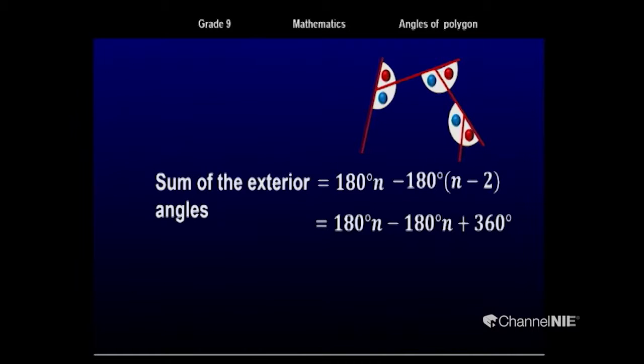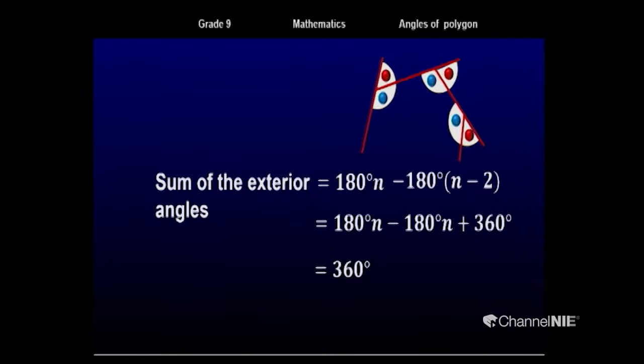First you have to remove the brackets. 180 times n minus 180 times n, that means 180 times n. Look at that. When we multiply a negative number by a negative number, it should be a positive number. So here 180 times n, minus 180 times n, plus 360 degrees. Then you can simplify 180 times n minus 180 times n.